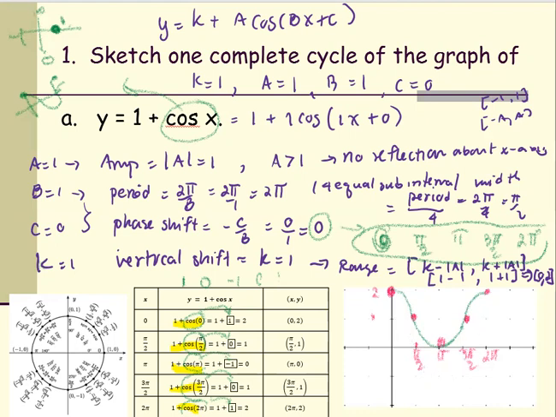So I'm going to write it in dashes and make the new one a solid curve here. The pink curve here is the curve of y equals 1 plus cosine x, where the dashed curve is the graph of the basic graph y equals cosine x. So the change is just that the graph is shifted upward by 1 unit.